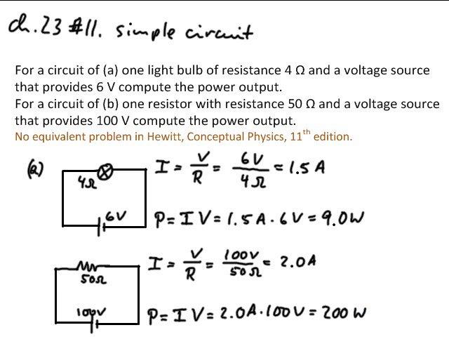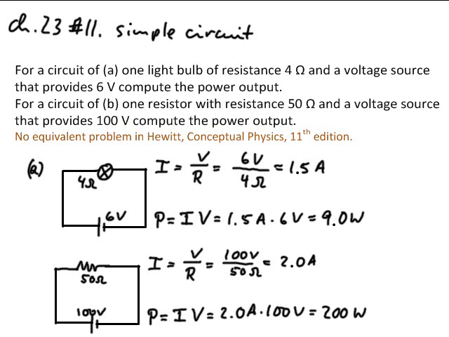The first follow-up problem will be a series circuit with several elements, several light bulbs or resistors, and then the next problem will be a parallel circuit, also with several light bulbs, respectively several resistors. So we'll be calculating more along the same lines, making it a little bit more complicated.